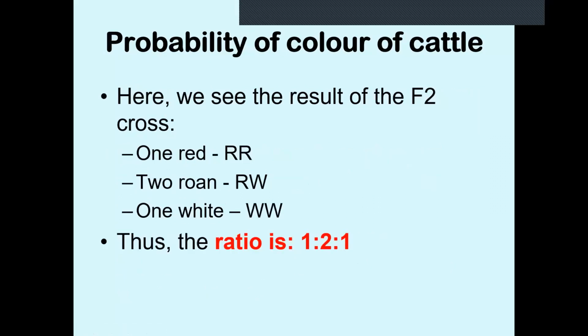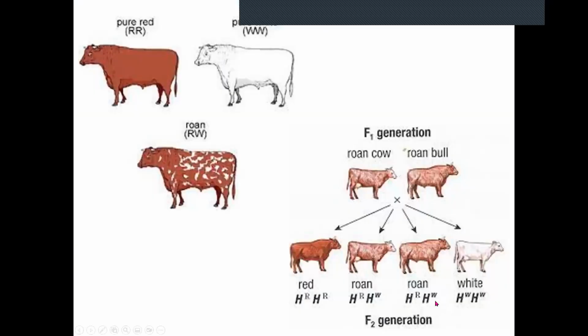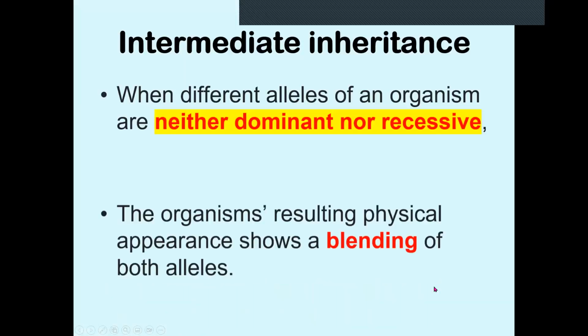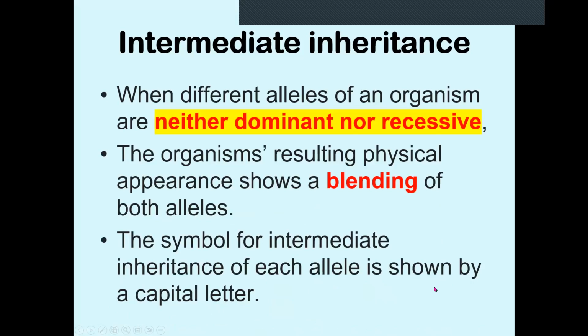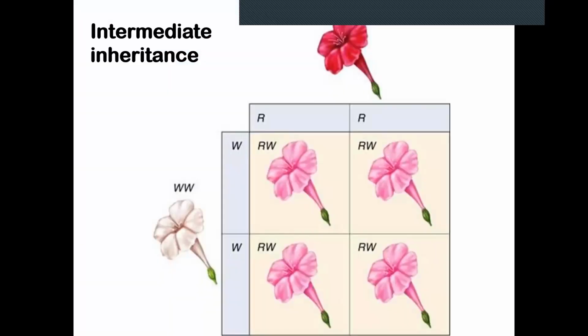Like we did here, they use capital letters, but we have a letter that's used to carry the important letter. Okay, so with intermediate inheritance, if you've got a red flower, RR, and a white flower, if you cross them, you get pink. So it's not red, it's not white, it's intermediate.